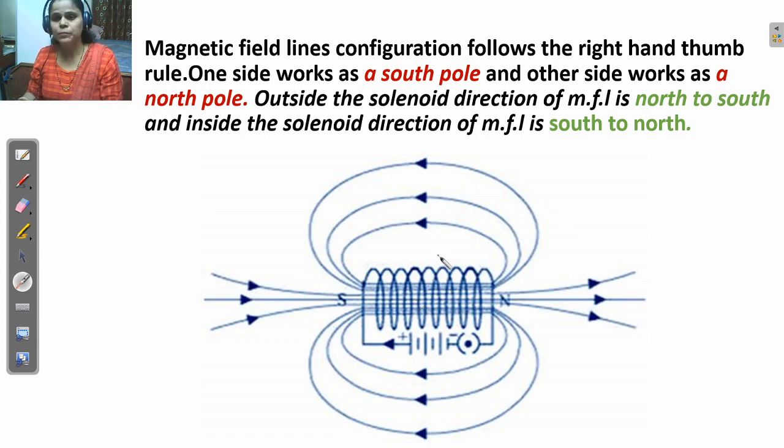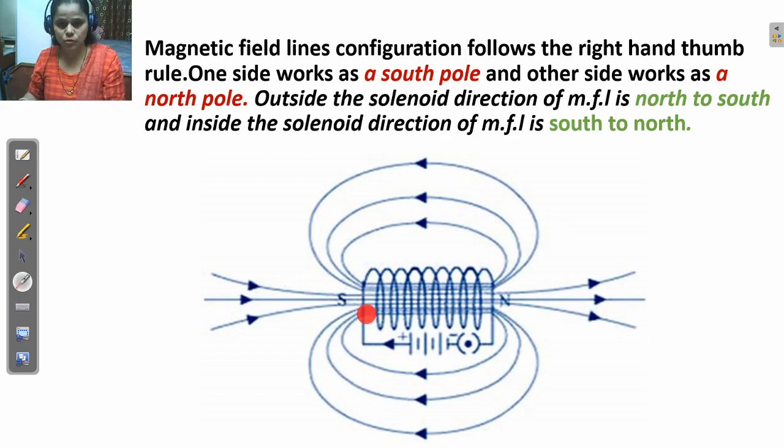One thing again, in the south pole, from the outside of the solenoid, the magnetic field lines enter the south pole. Just see below this solenoid, the magnetic field lines from the outside just enter the south pole.